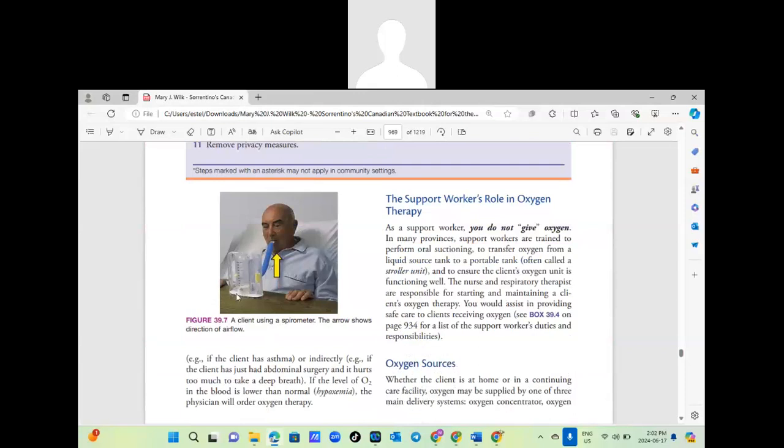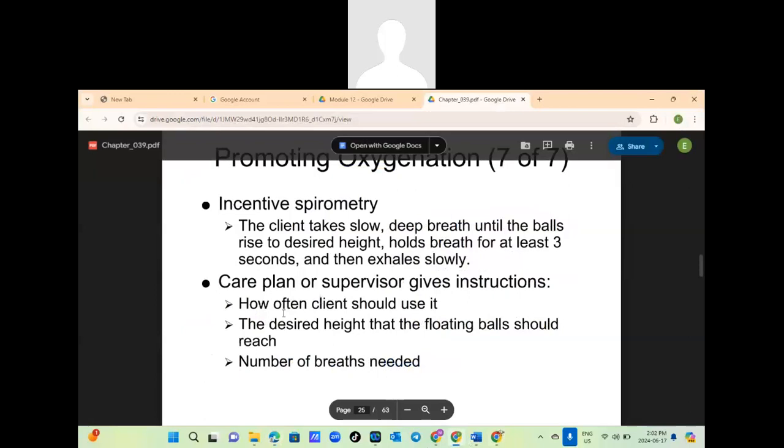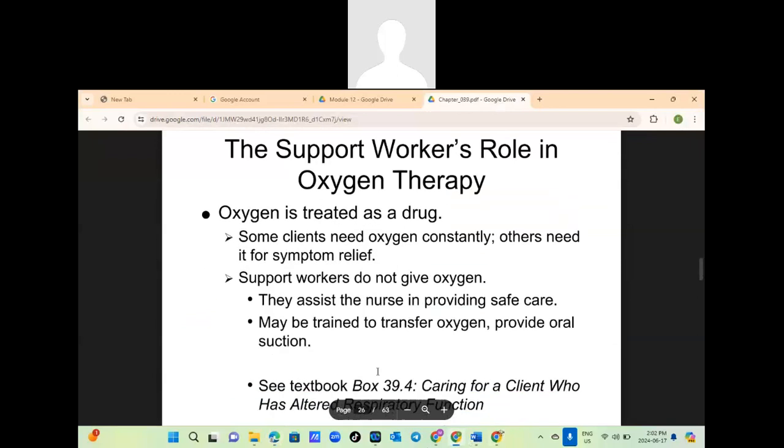Over here they breathe in, and there are some balls like the measurement, and it reaches a certain amount. If I'm not mistaken, it should be the respiratory therapist helping with this one. Next we're going to go back to our slide. Again, the number of breaths needed, floating balls.